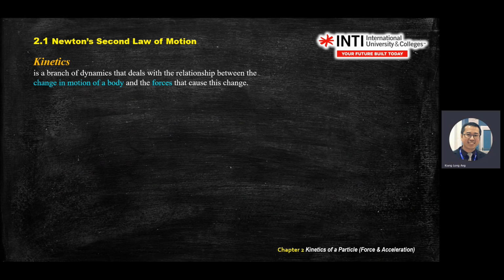On the left-hand side, always deal with all the force. On the right-hand side, you always deal with motion only. Here is what you learn in your statics, all the force, moment on the left-hand side. But when you come to kinetic chapter 2, you deal with acceleration, velocity, two components here.